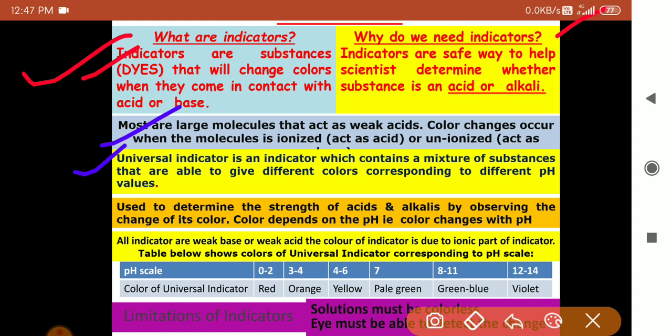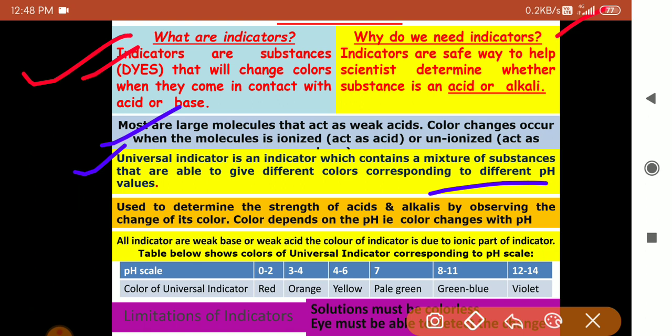So a universal indicator is an indicator which contains a mixture of substances that are able to give different colors corresponding to different pH values.